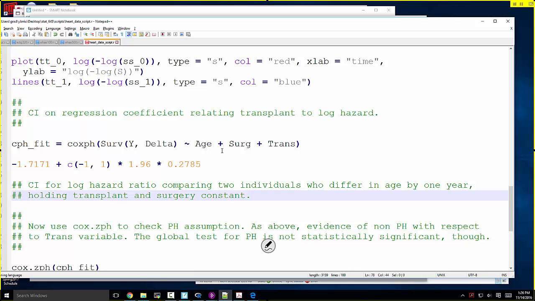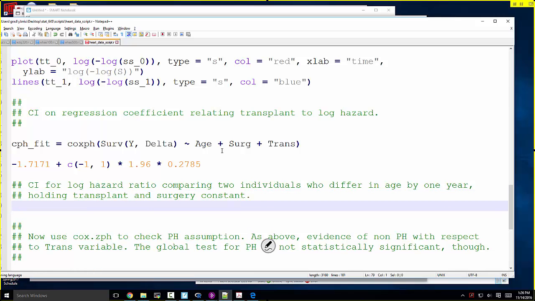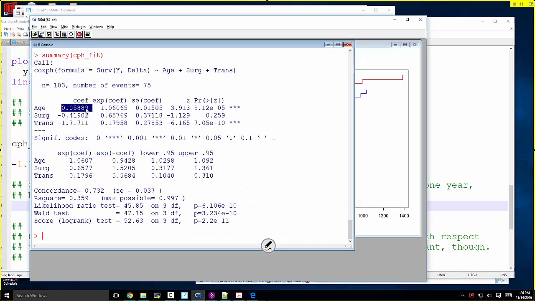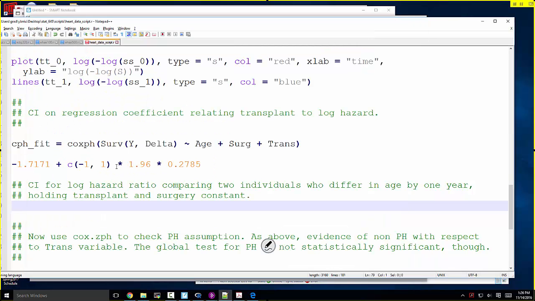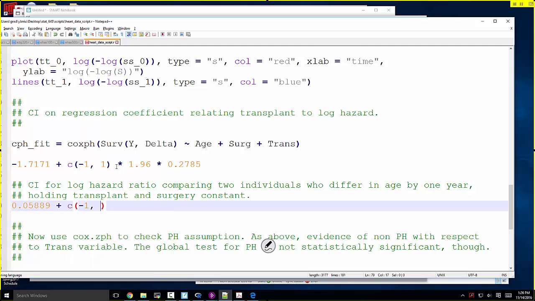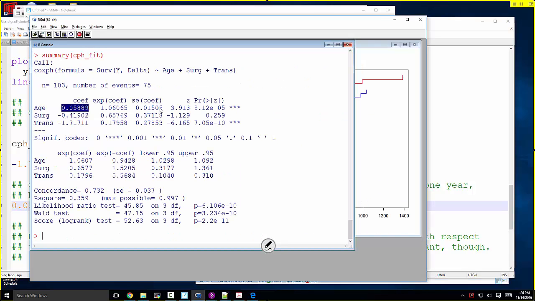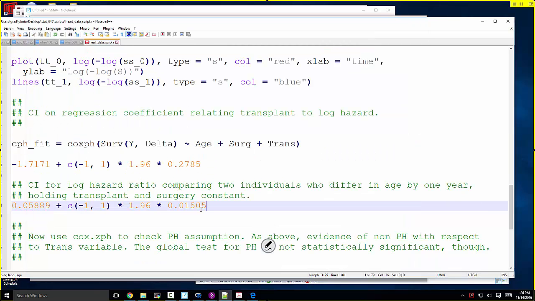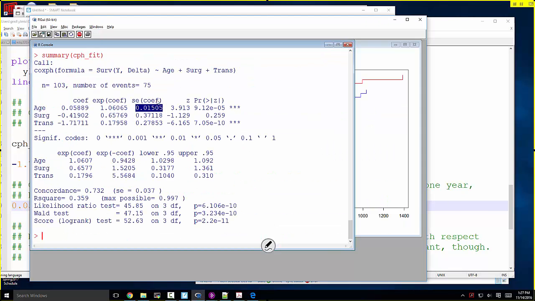So if I wanted a confidence interval for the beta coefficient that goes with age, what I would do is estimate plus or minus some critical value, and with a reasonable sample size we can just use the standard normal, times a standard error. This is the standard error of the coefficient.